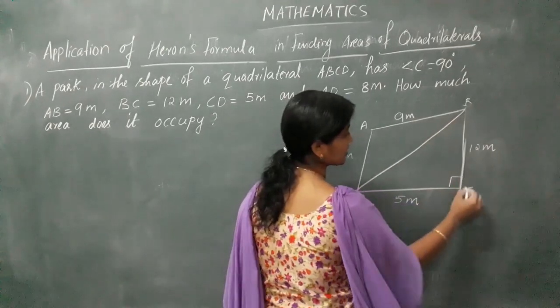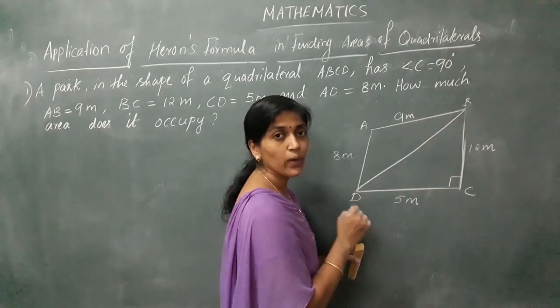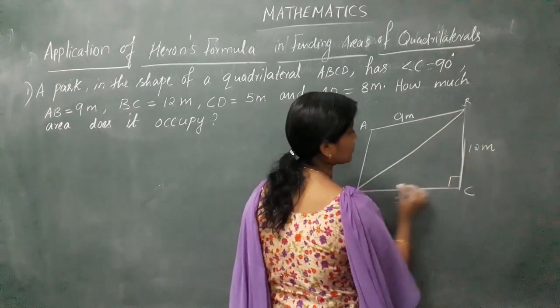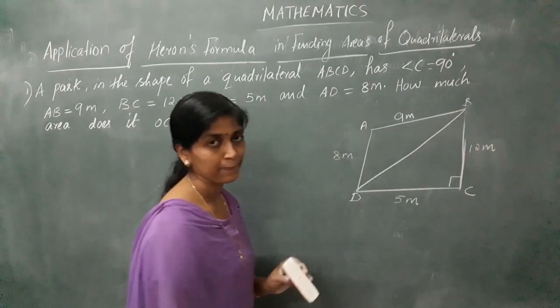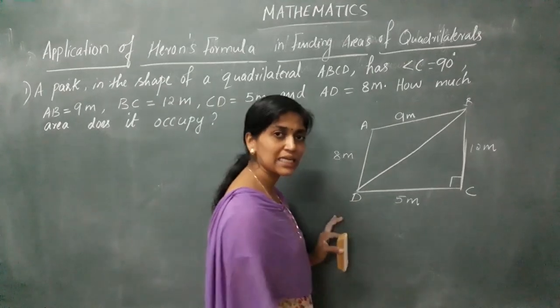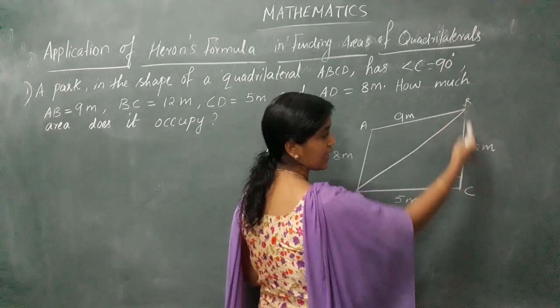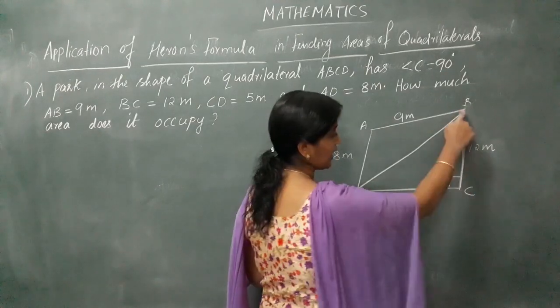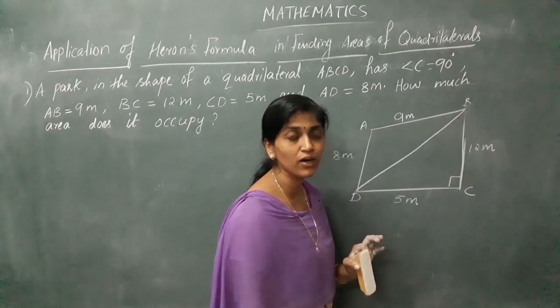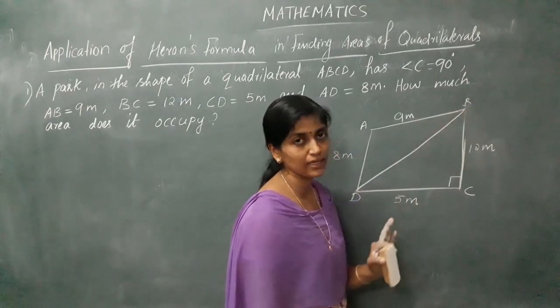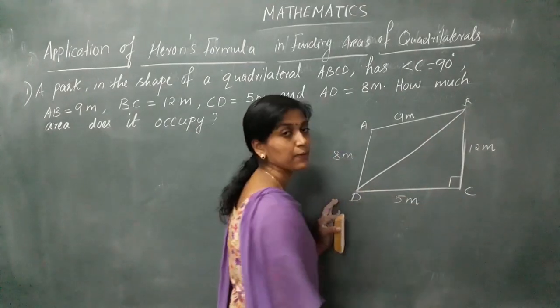Because I get a right angle triangle here where I can use the formula of base into height to find the area of this right angle triangle. Understood? So I can find the area of BCD. Since this height is given to us, I can find the area of BCD using the formula of base into height because it is a right angle triangle. So I will join this BD.